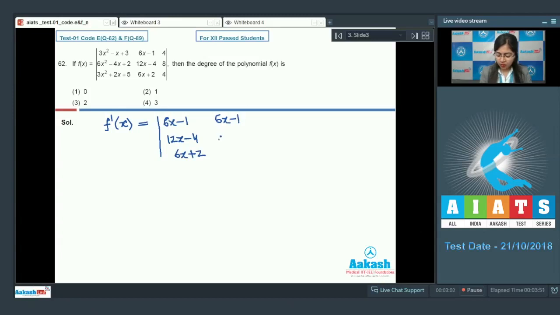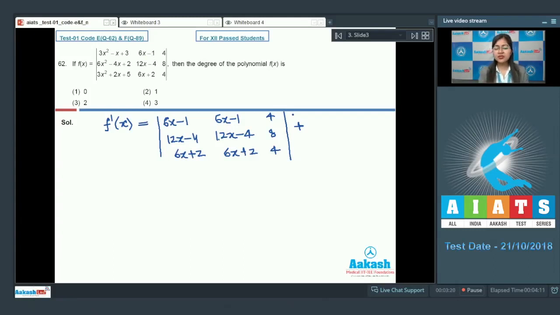And in the second column we have the same values, that is 6x plus 2, 4, 8, 4. Plus, now differentiating the second column, we will get the values as 6, 12 and 6.